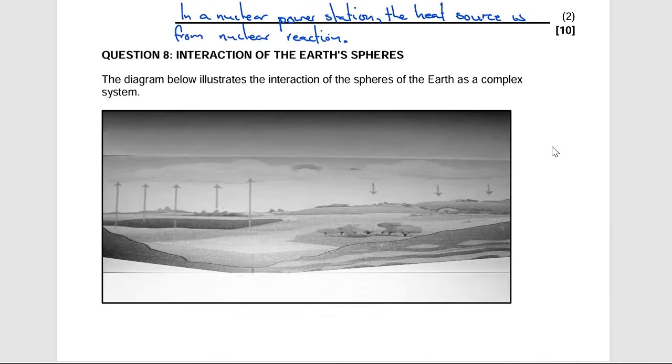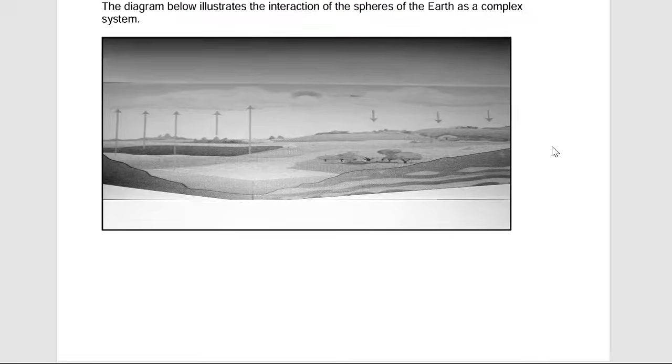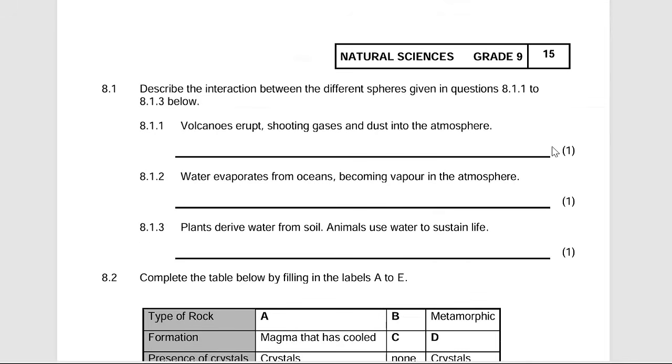Then we proceed to question 8, the interaction of the spheres there. The diagram below illustrates the interaction of the spheres of the earth as a complex system, right? So that's what you're having there according to your diagram. It says describe the interaction between the different spheres in question 8.1.1 to 8.1.3.